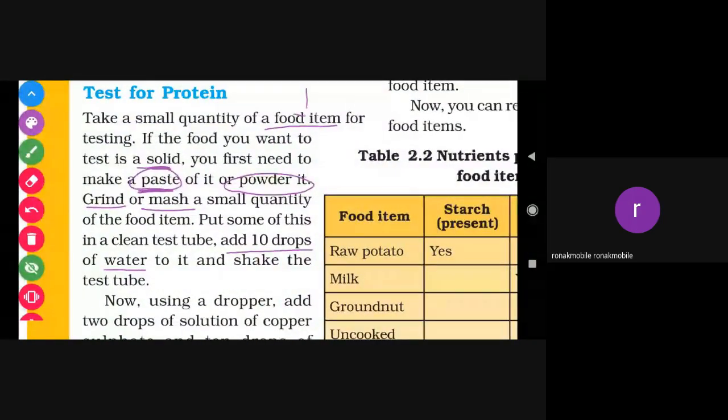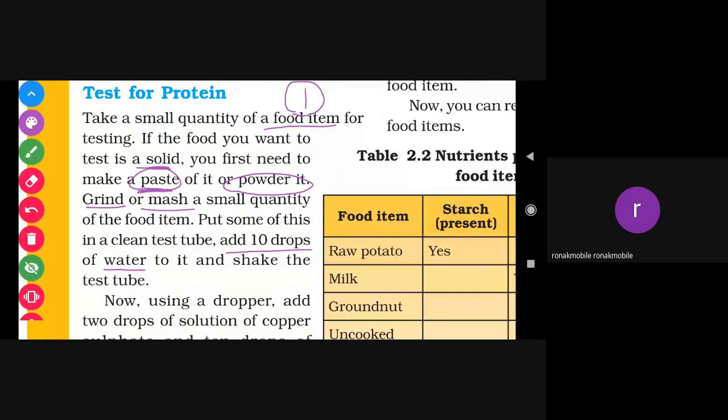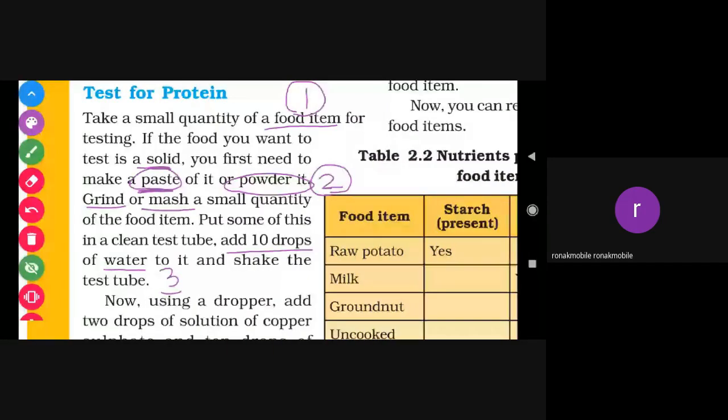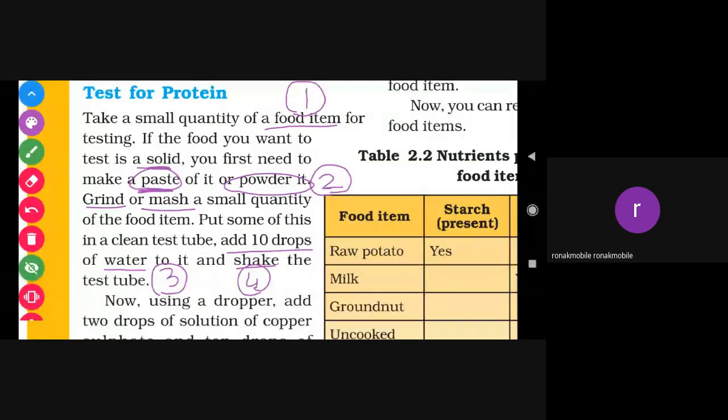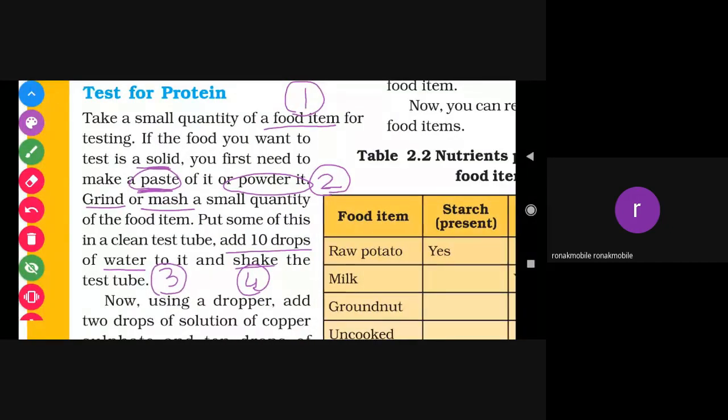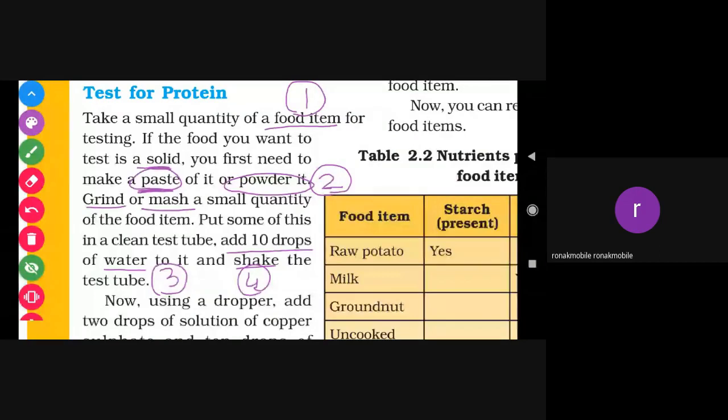First of all, we'll take the food item, then we'll powder it or make a paste out of it. Then we will add a few drops of water and then we will shake it. Is this clear? Until this, I think you have already understood the steps. First of all, take the food item, make a paste out of it or powder it, grind or mash the small quantity, then add 10 drops of water and shake it well. Okay? Is this clear?